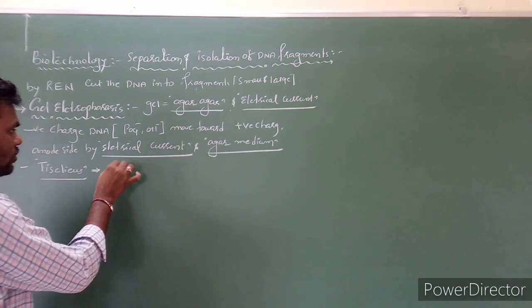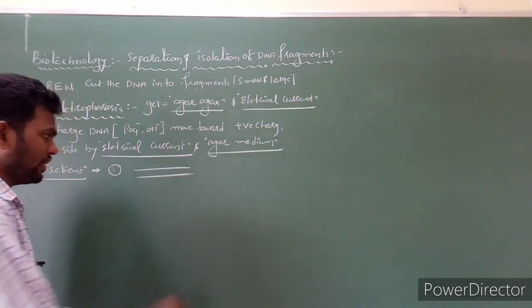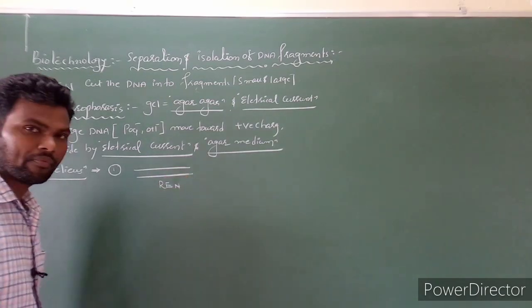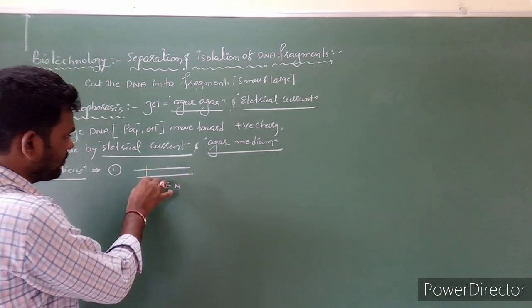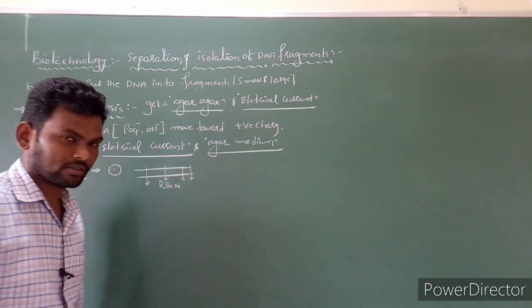First, this is the DNA, and we use a restriction endonuclease enzyme. Now it is going to be fragmented into maybe 3 or 4 pieces.